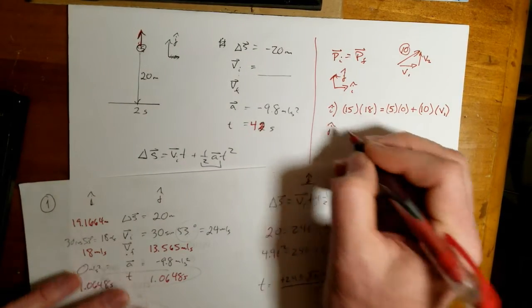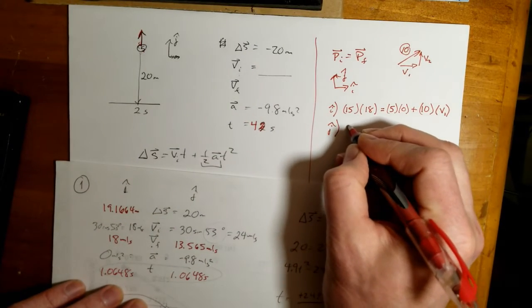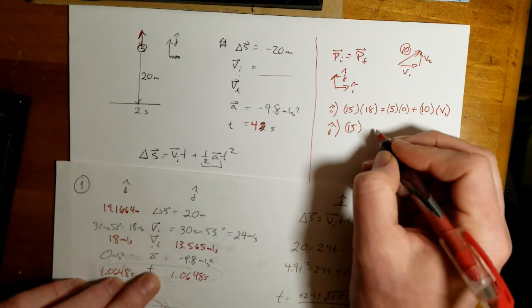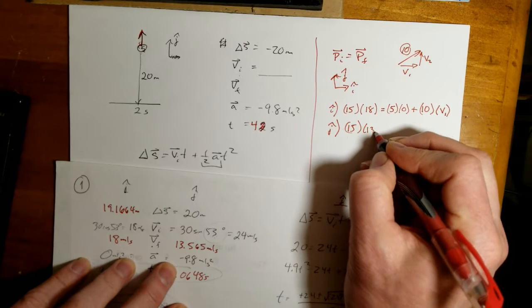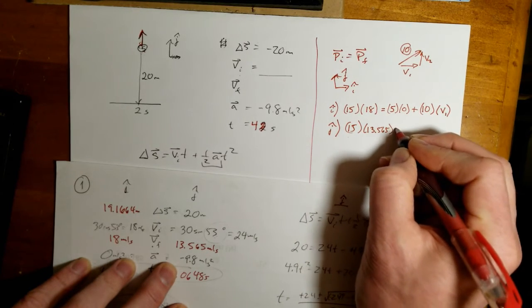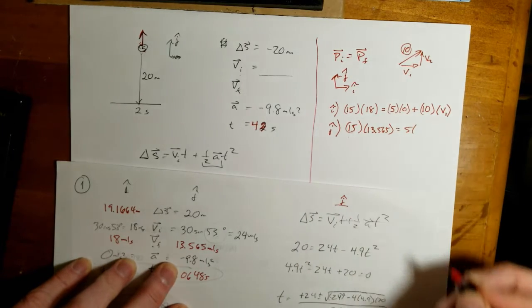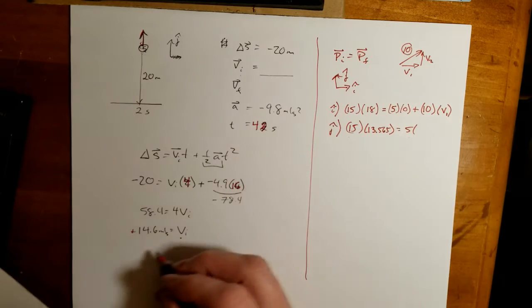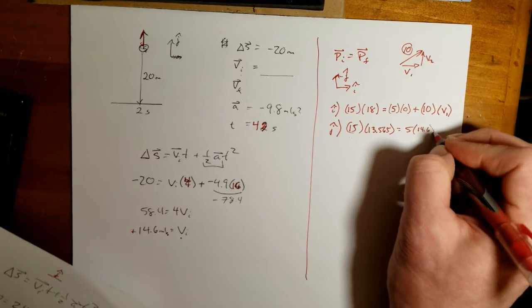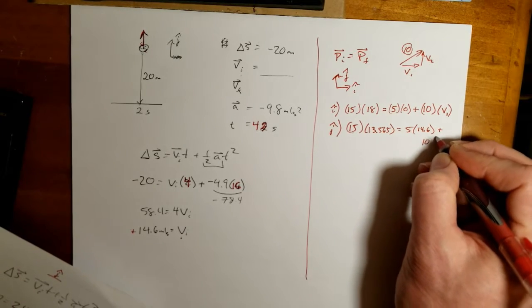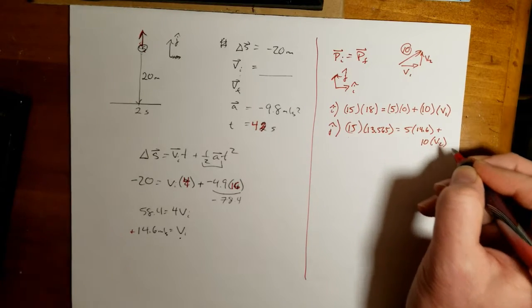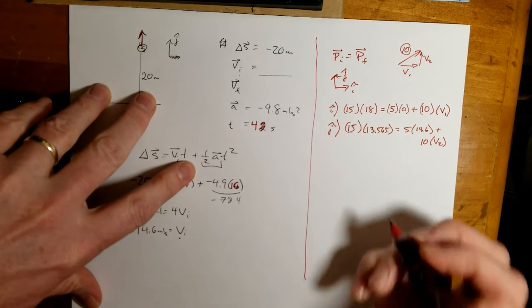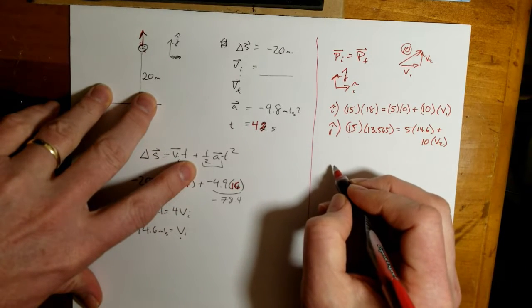My J equation, I initially have 15 kilogram mass going at 13.565 meters per second. And that's going to be equal to 5 times its velocity just after the collision, which we just found, that's 14.6, plus 10 times V2. And solve.